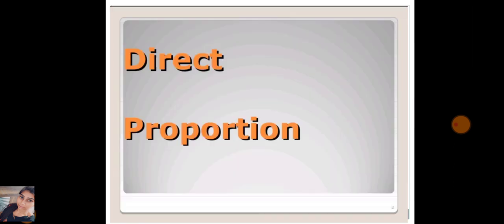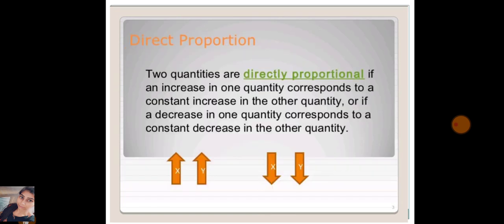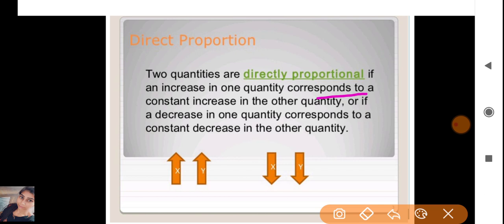So now let us understand the first part of this chapter, that is direct proportion. In direct proportion, two quantities are directly proportional if an increase in one quantity corresponds to a constant increase in the other quantity, or if a decrease in one quantity corresponds to a constant decrease in the other quantity.